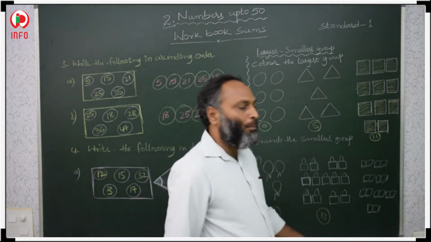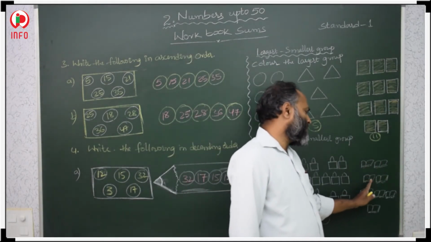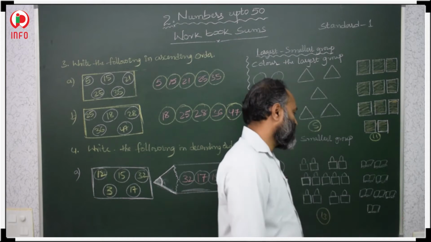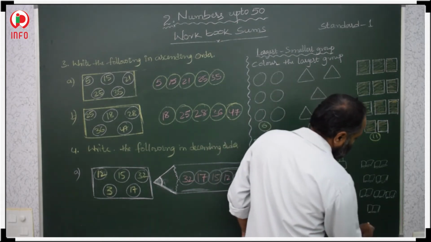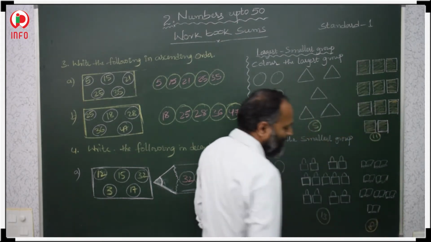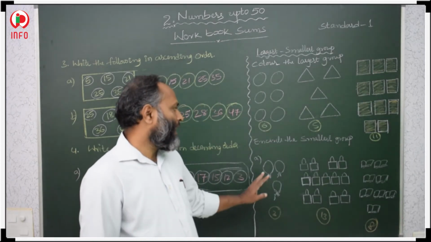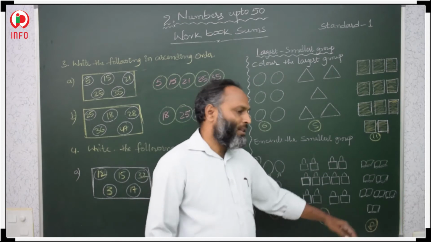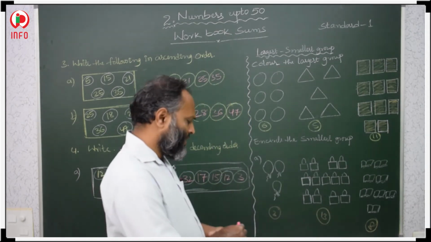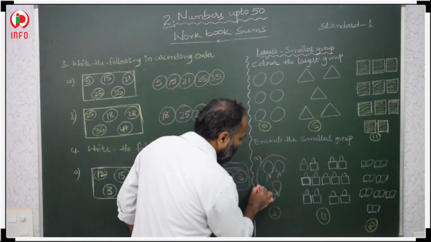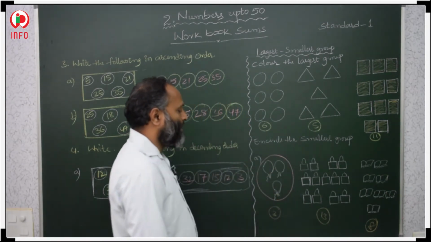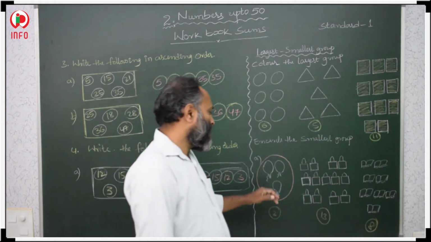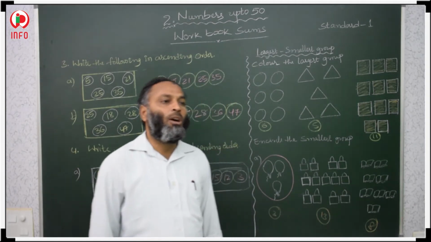And how many books? 1, 2, 3, 4, 5, 6, 7, 8. 8 textbooks. In this, we have to encircle the smallest group. Which one is the smallest number? 3 is the smallest number. So we have to make a circle for the smallest group. In this way, we circle the smallest group.